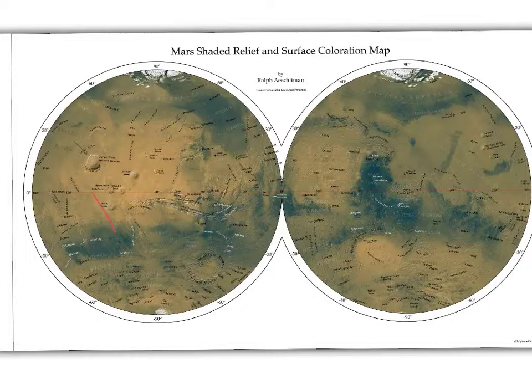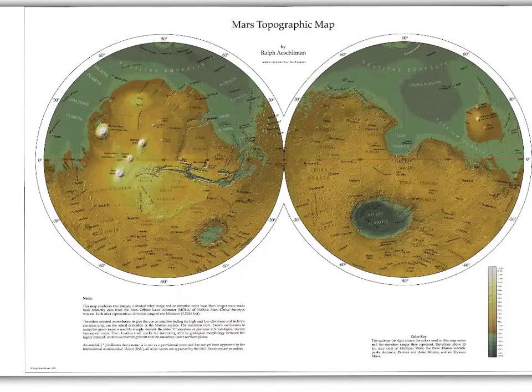Okay. So here's another map. This is a topographic map. How many of you hike? Okay. How many of you use topo maps? Topographic maps basically are showing what? Elevation. Okay.